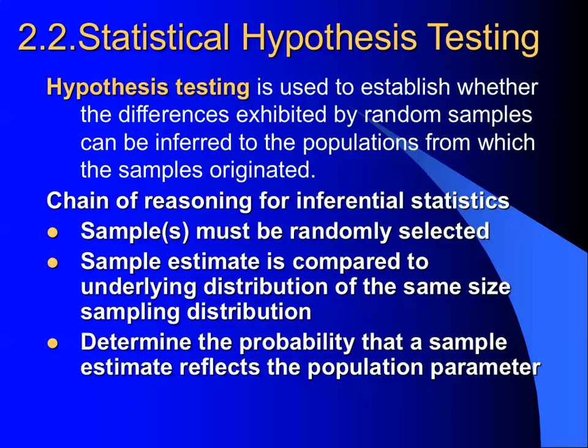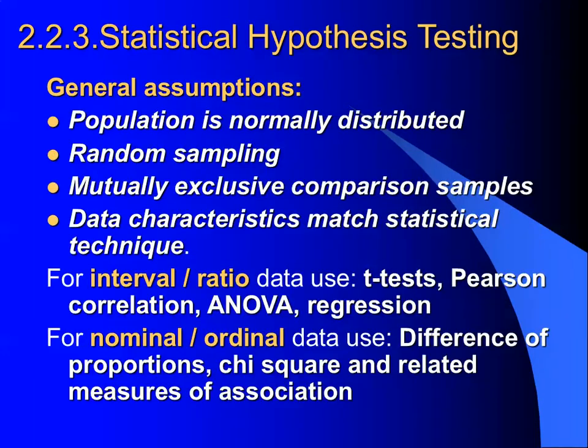It's not enough to conclude that we can apply hypothesis testing, but it's the minimum required features when we want to attempt to apply hypothesis testing. Assumption about normality of distribution, random sampling, mutually exclusive comparing sample characteristics, matching statistical techniques, and so on. Also not a complete list, but enough for an initial study.